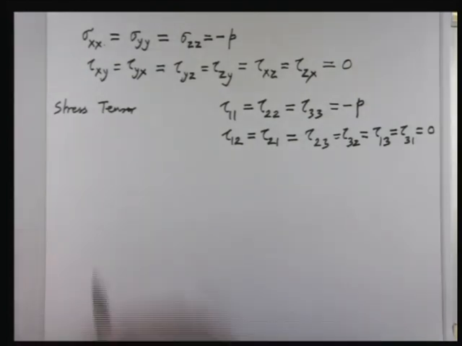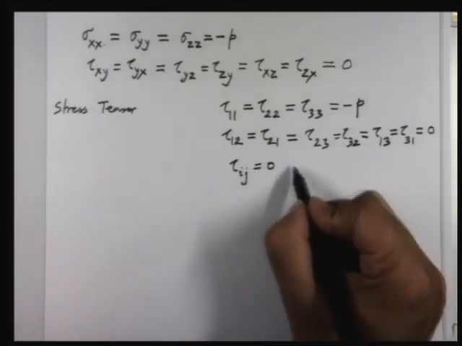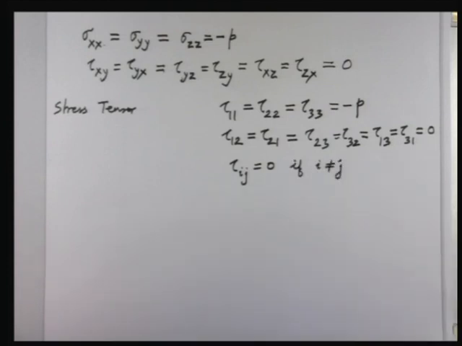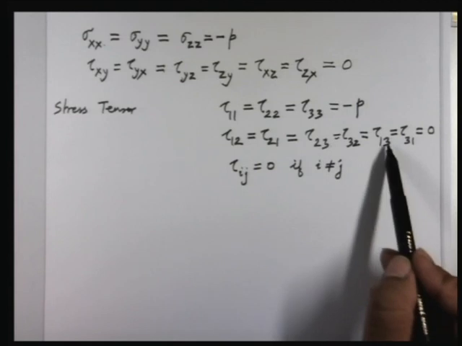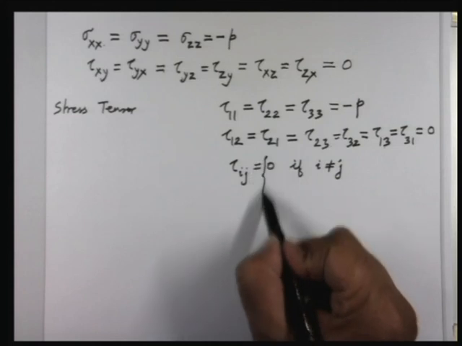So what you see is that tau ij equals 0 if i is not equal to j. When i equals j in this notation, it denotes a normal stress. So normal stresses are not 0, they are equal at a point. And if i is not equal to j, tau ij denotes a shear stress. So you can see here 1, 2, where 1 is not equal to 2. Similarly, this is 2, 3, and this is 3, 1. So if i is not equal to j, it is 0, and if i equals j, it is minus P.